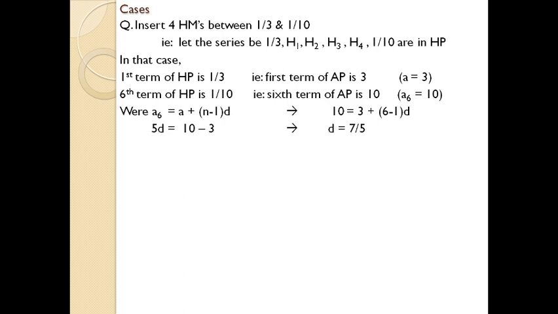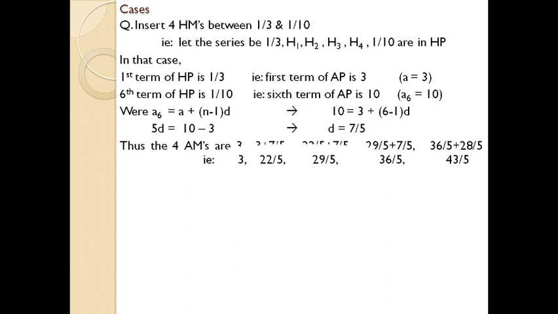And similarly, by solving 10 equals 3 plus 6 minus 1 into D, you will get 5D equals 10 minus 3. Finally, D equals 7 by 5. Next one.